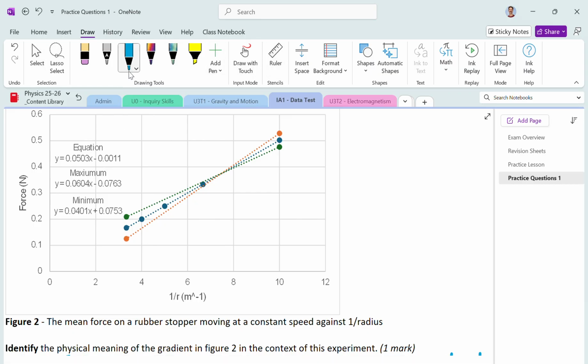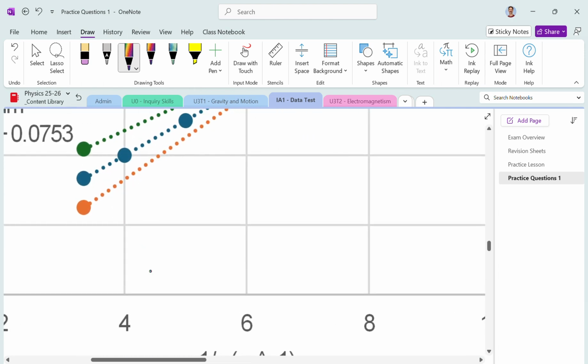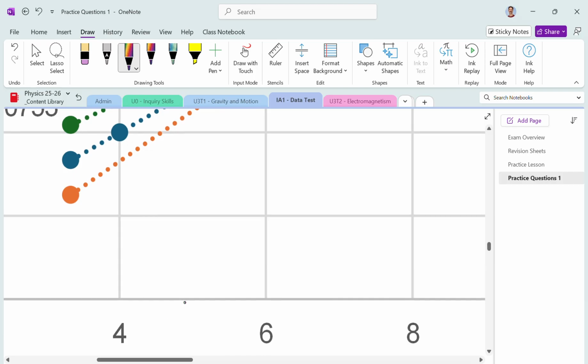Can I draw a line? No, I'm going to just have to do this very poorly. I will do it in rainbow. So 4.5454 recurring. I'm going to say if that's 4, that's 6, then this here must be about 5.